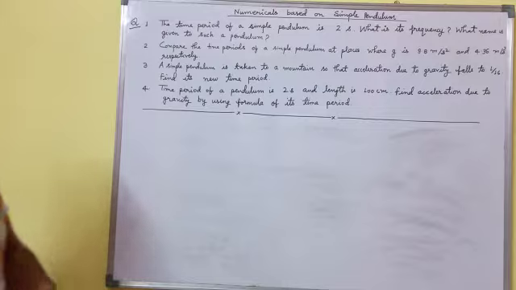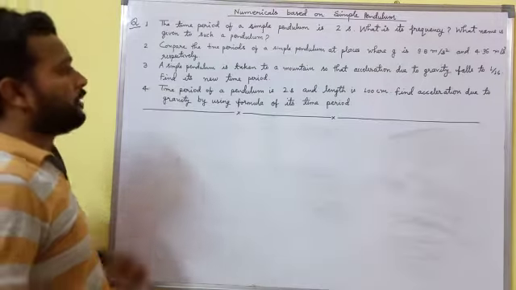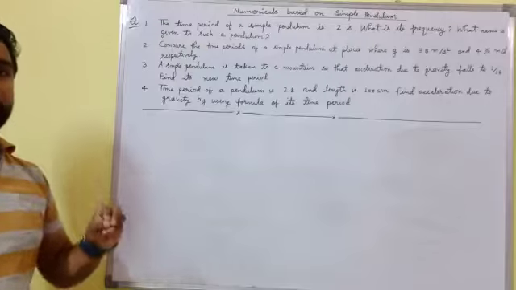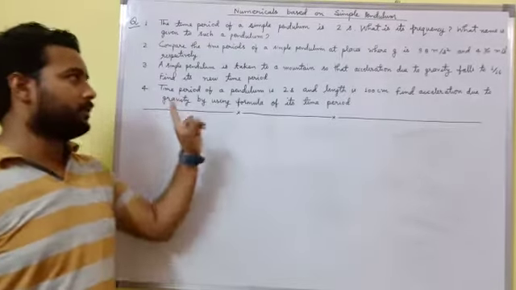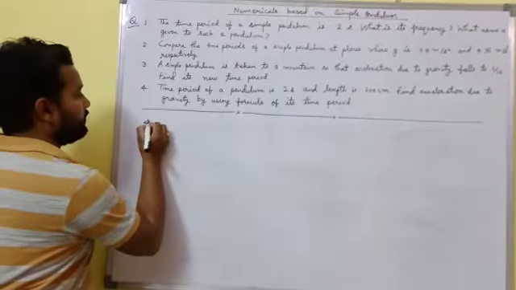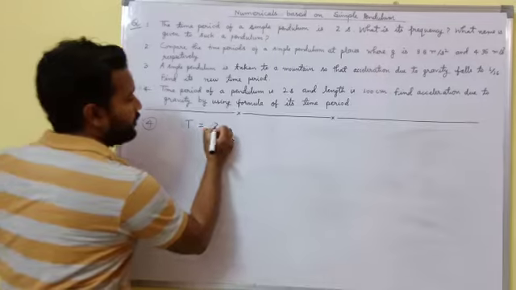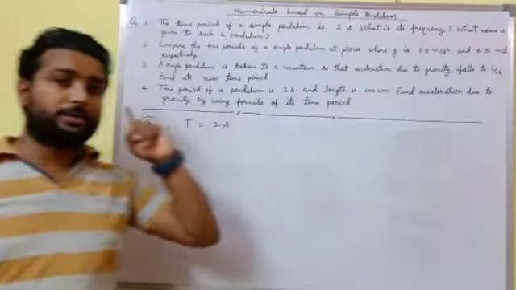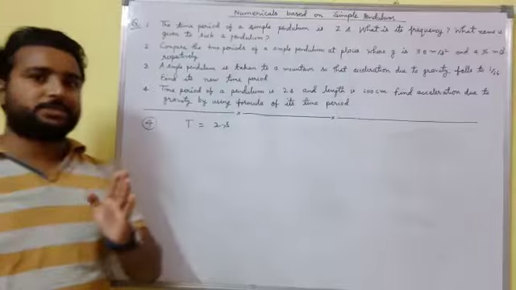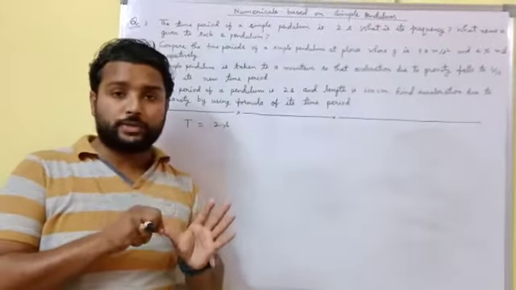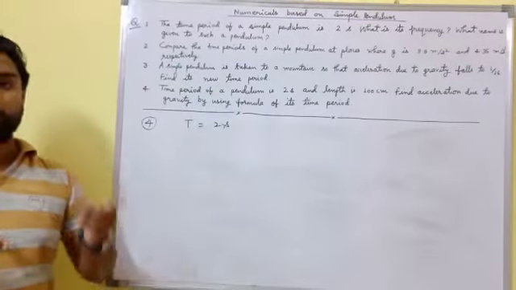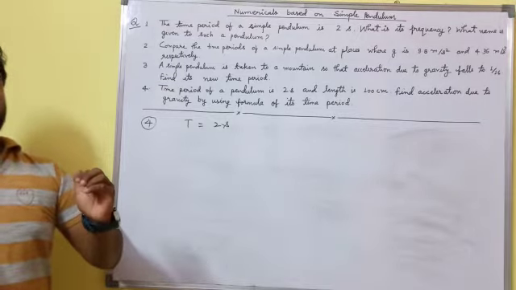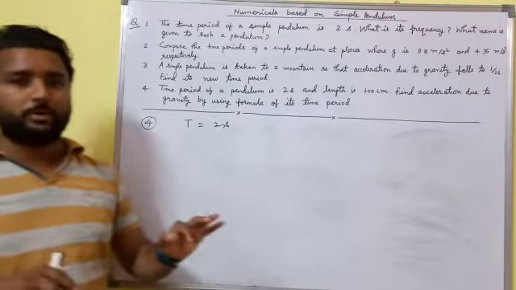Now students, the next problem is: the time period of a pendulum is 2 seconds. It means a pendulum which has time period 2 seconds is a second pendulum. So question number 4, T is given as 2 seconds. The length of a second pendulum, I have already discussed, is 0.99, near about 1 meter.